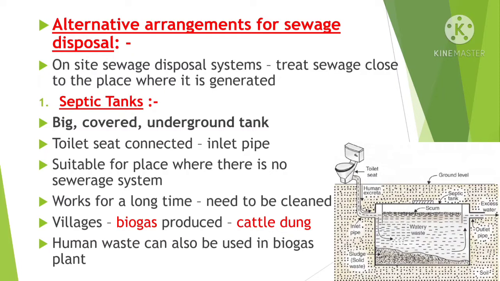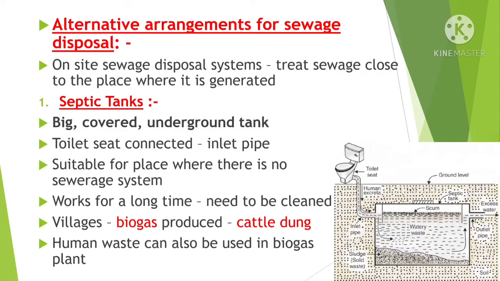The on-site sewage disposal system means those systems which treat the human waste or sewage close to the place where it is generated, and the sewage is not carried anywhere. Like for the treatment of sewage in the sewage treatment plant or wastewater treatment plant, the sewage has to be carried in sewer pipes. But in the on-site sewage disposal system, the sewage does not have to be carried anywhere.